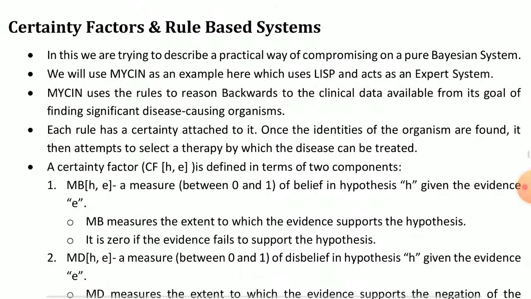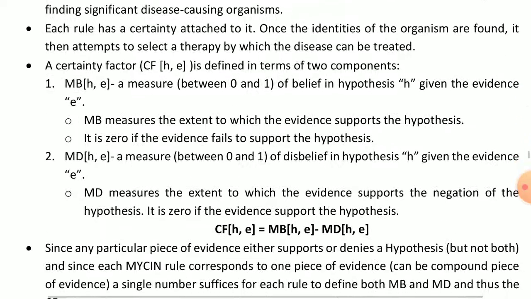Then the second topic is certainty factors and rule based systems. In this topic first the basic introduction is given, then we took an example and explained certainty factors, and here we took two different components in certainty factor.